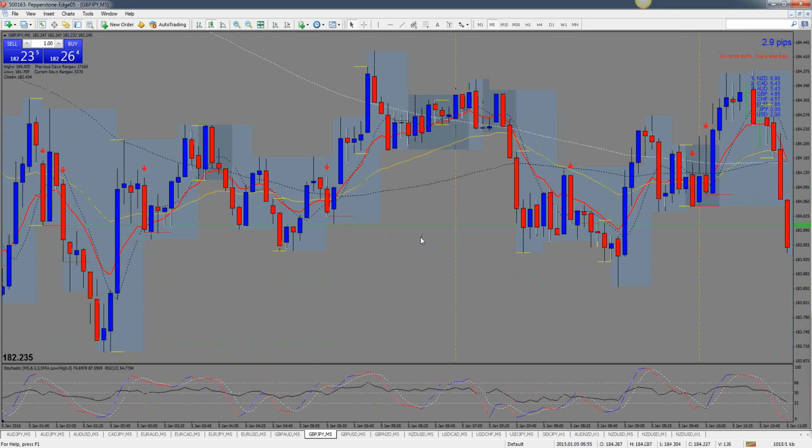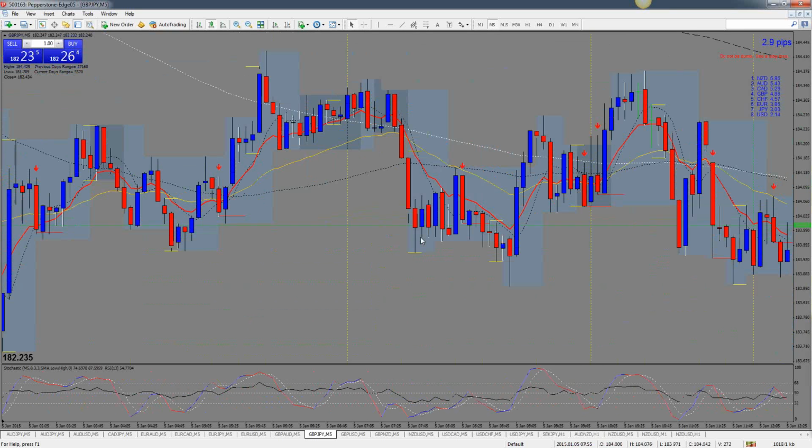What we're looking for is signal bars and inside bars. Those are primarily the trades that we're going to take in direction of trend.